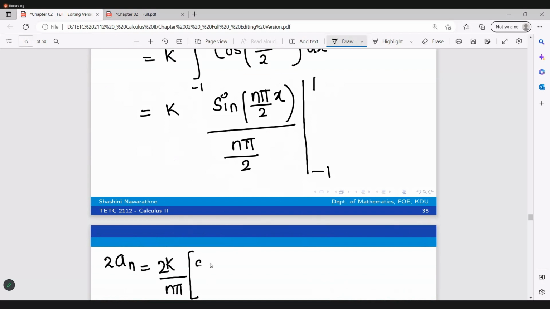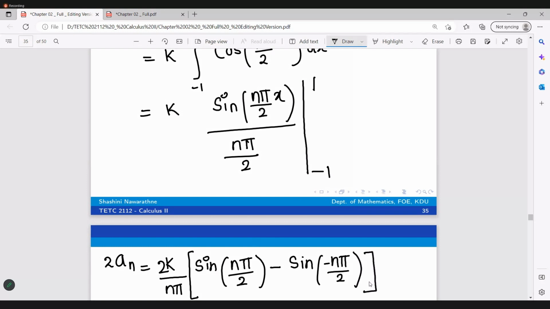So we can write sine n pi over 2 when x is equal to 1, minus sine n pi over 2 times minus 1. So we can write it in this way.